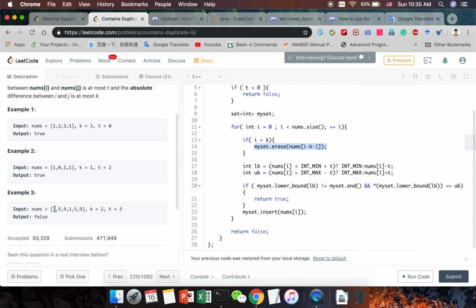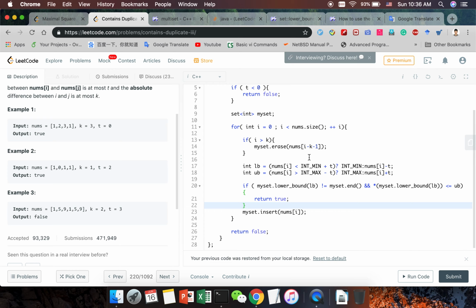It's like we move the window from here, to here, to here. So we calculate the lower bound and upper bound of 1 and continue to find if 5 and 9 satisfy this condition or not. If they satisfy this condition, we return true. Otherwise, we insert this value into the set.